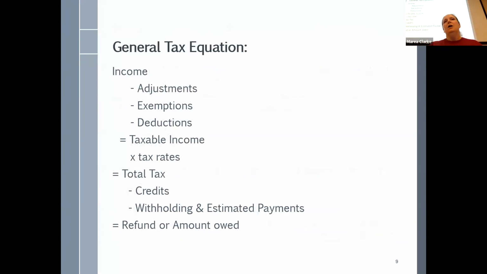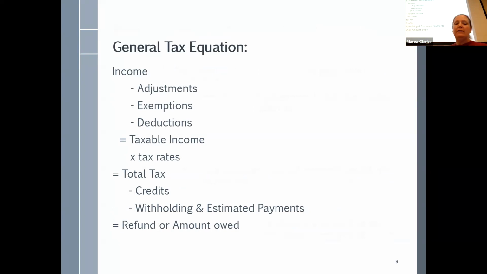All right. So if we had to break it down to a really high level, if we look at what is a general tax equation, we start with income. We subtract adjustments, exemptions, and deductions to get taxable income. We take that times a tax rate to find your total tax.